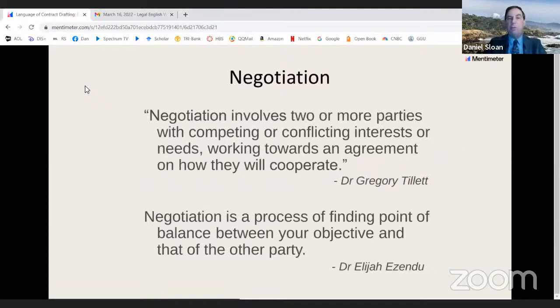Negotiation involves two or more parties with competing or conflicting interests or needs working towards an agreement on how they will cooperate. And negotiation is a process of finding a point of balance between your objective and that of the other party.